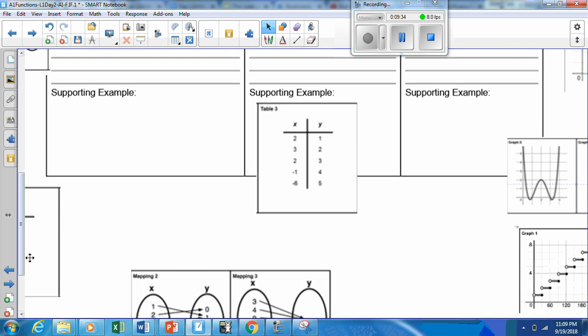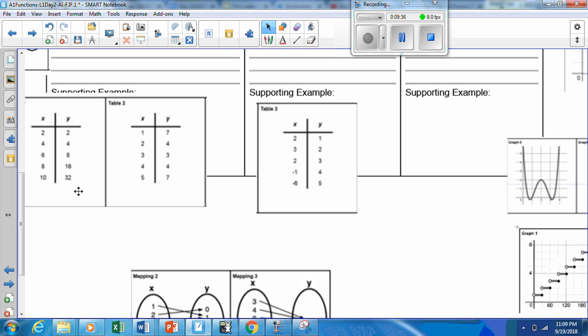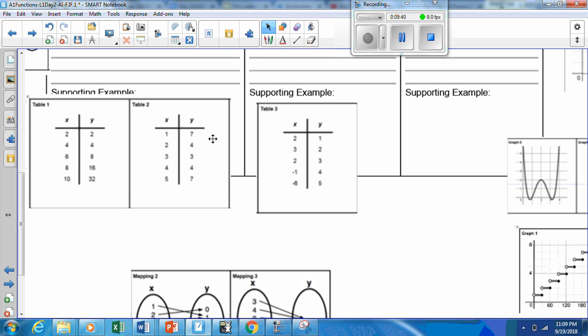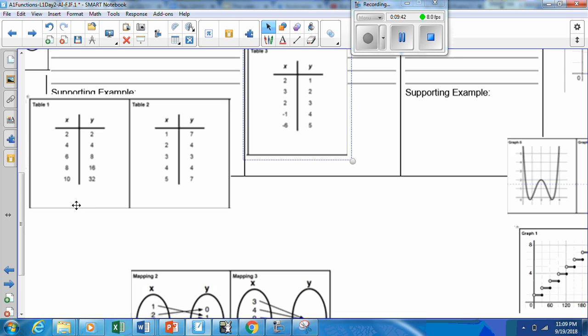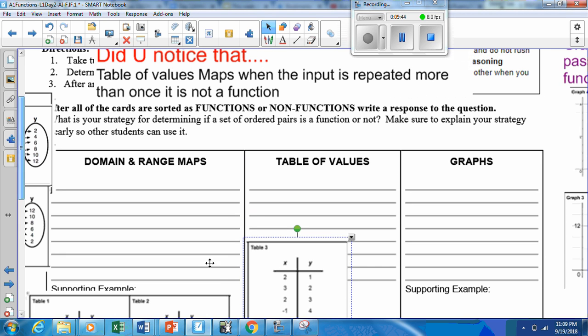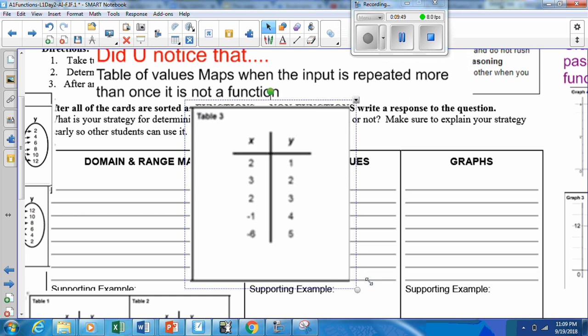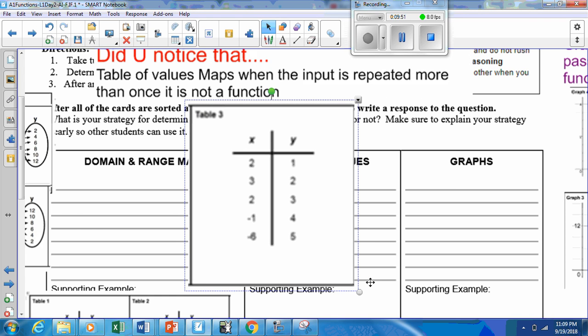Here, what do we see? We see that 2 is repeated and 2 is being mapped to 2 different outputs. So that would be a not function. That's not a function.